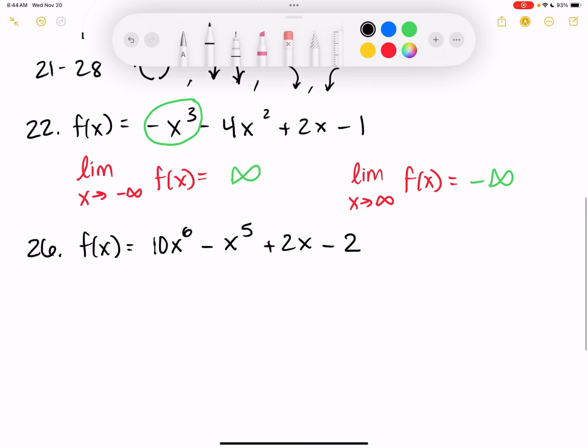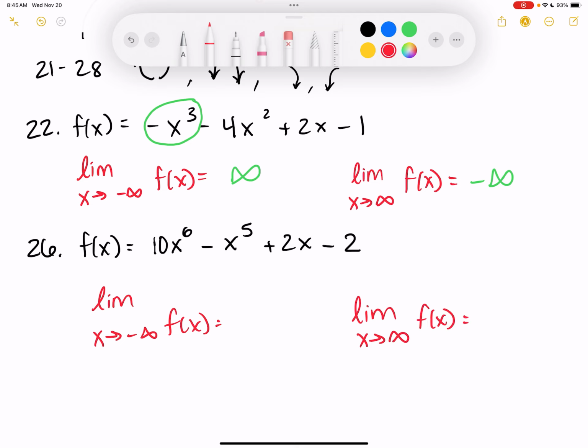Okay, so same thing. I'm looking at the limit as x goes to negative infinity and the limit as x goes to positive infinity.